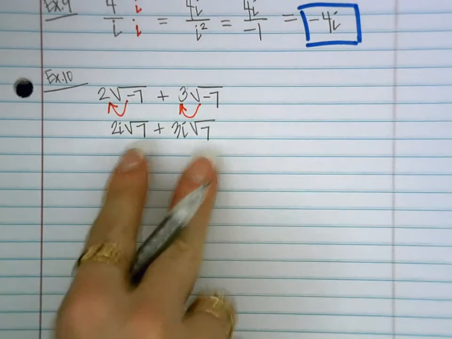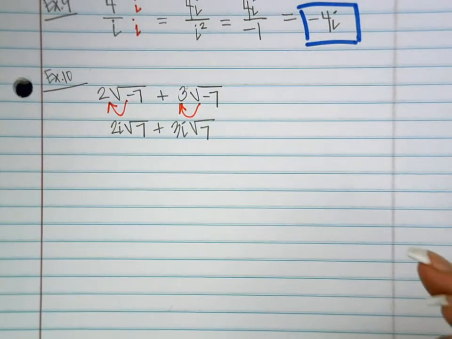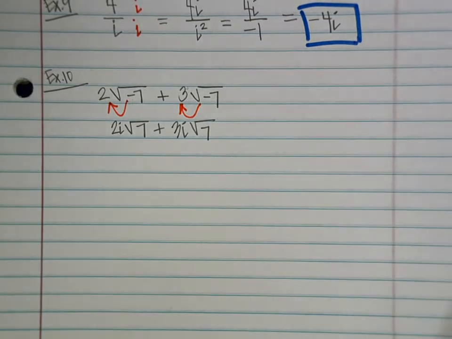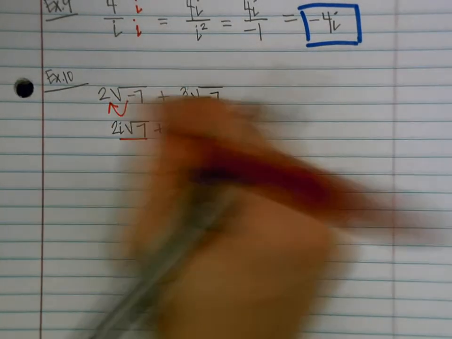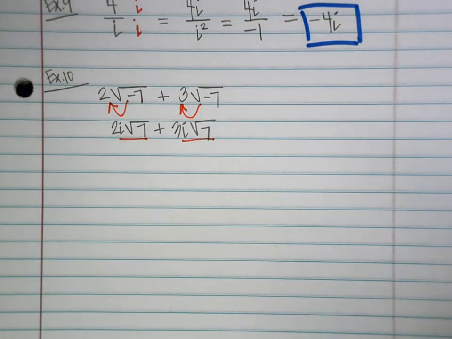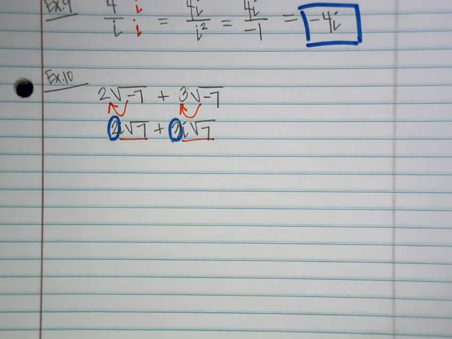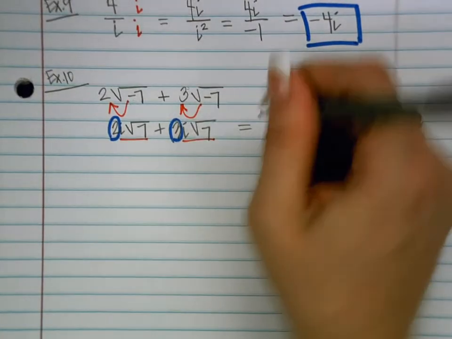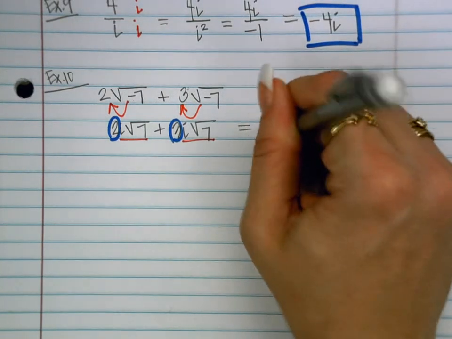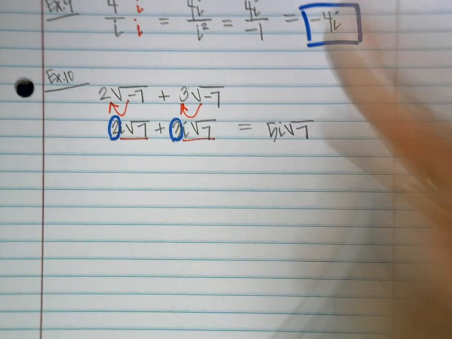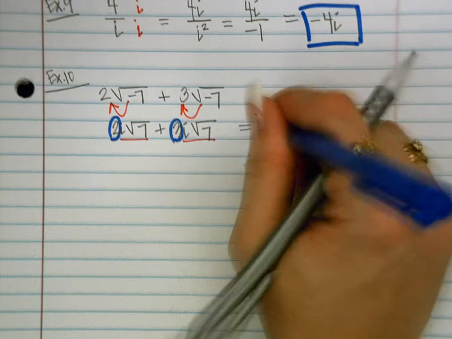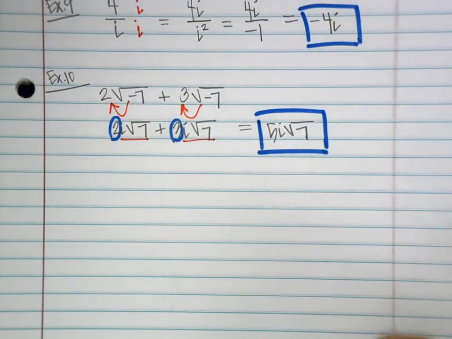Do you think these are like terms? Yes. The like term part about this is the i root 7. So really all you're doing is adding together the 2 and the 3. If you add 2 and 3 together, you should get 5i root 7 for an answer. That's the answer that we're looking for.